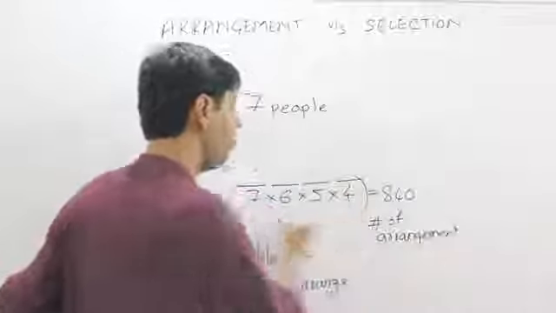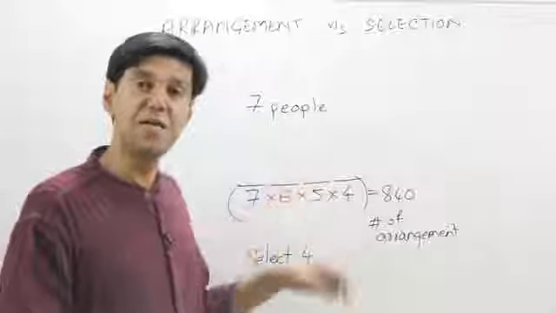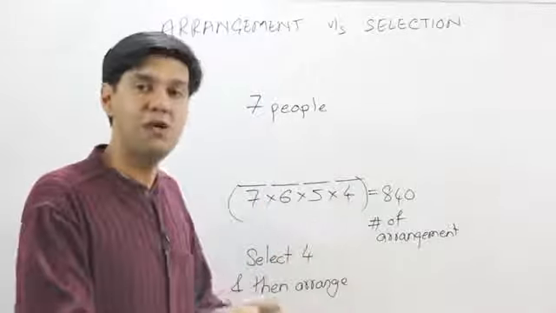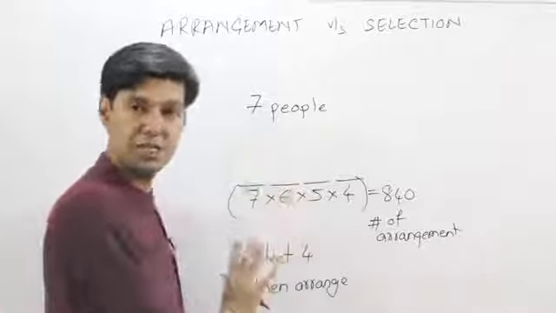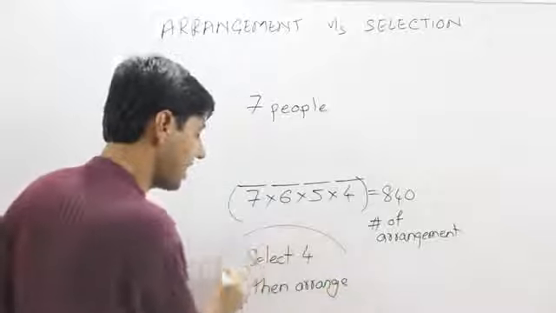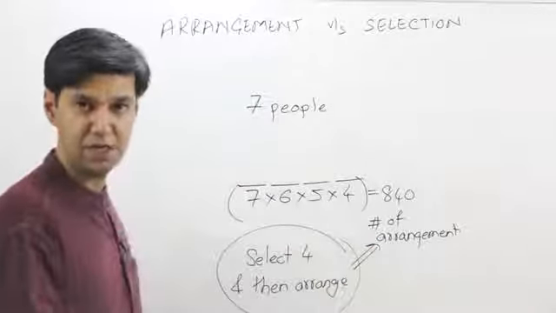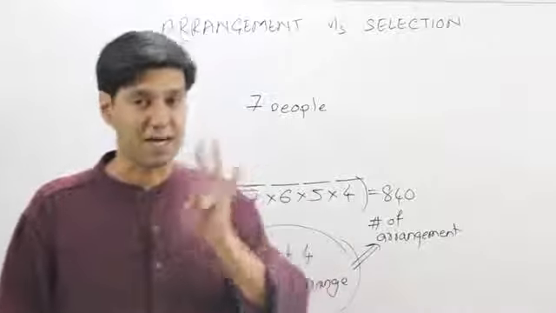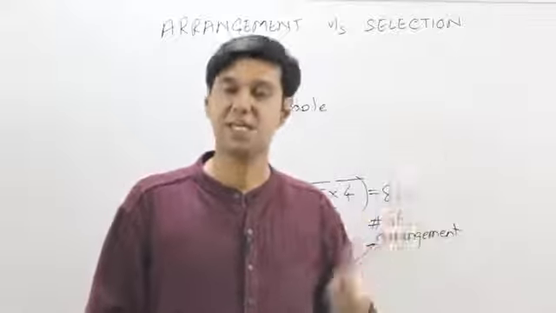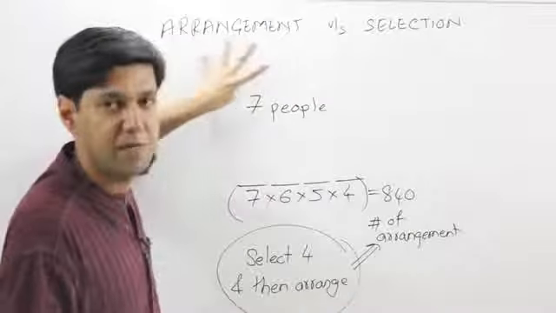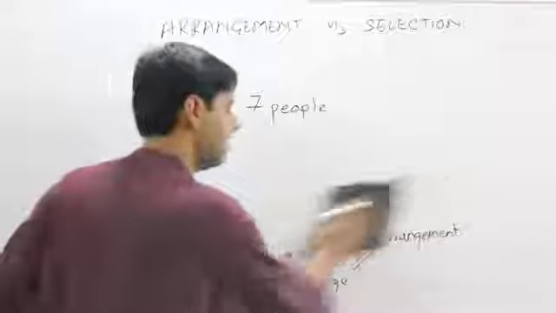In doing this process, not only have we arranged, but the process also handles the fact of which 4 are going to sit over there. So when you say select and then arrange, this full thing is called an arrangement. So I would ask you to resist saying first select and then arrange, and always say such a situation is nothing but an arrangement. Arrangement quite often would require a selection in it.